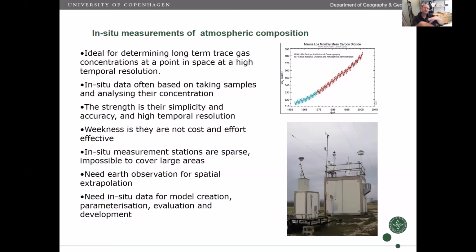We can use remote sensing to look at the spatial patterns in these trace gases, but we are still very dependent on in situ measurements, because these are data that we can use to create the models that we will apply on the larger spatial scale. We can also use these in situ observations to see if our remote sensing based model is working well.